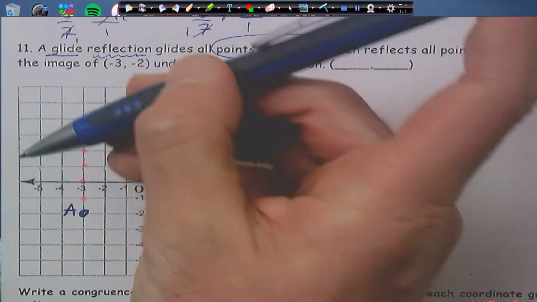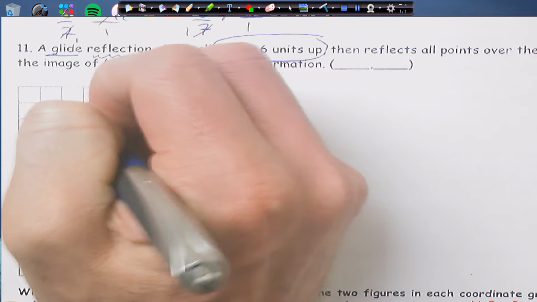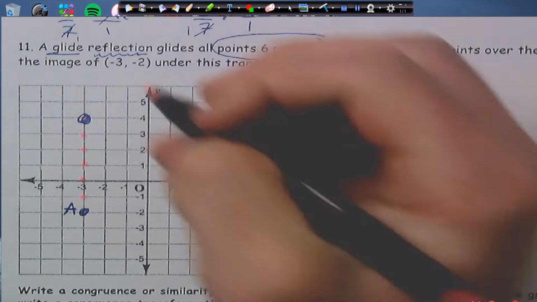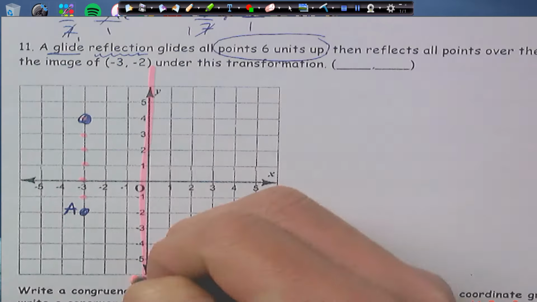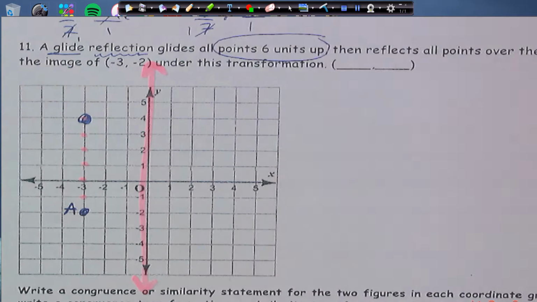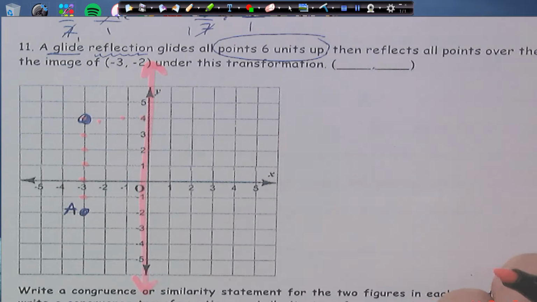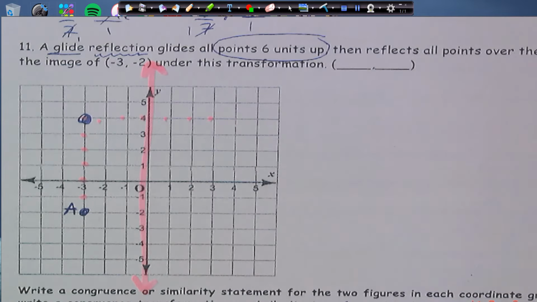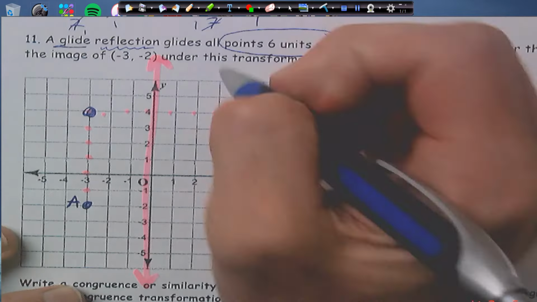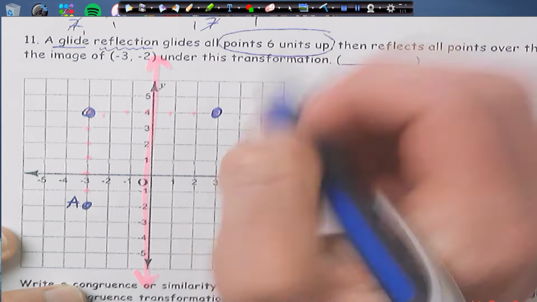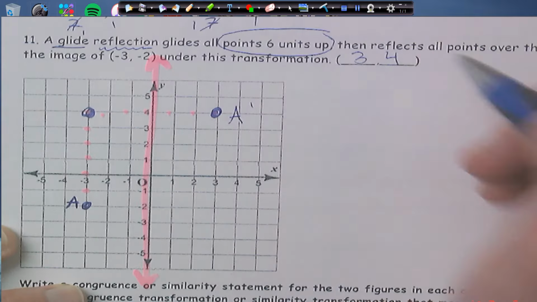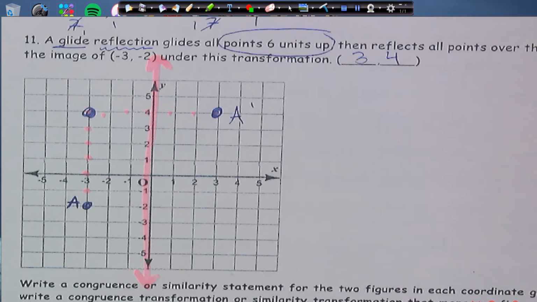So we would be at this point right here. And then we're going to reflect over the y-axis. Here's the y-axis right there. And we're going to notice that this is 1, 2, 3 units away from the y. So we're going to go 1, 2, 3 units away on the other side. And there's A prime, and that's at 3, 4. So we glided and reflected.